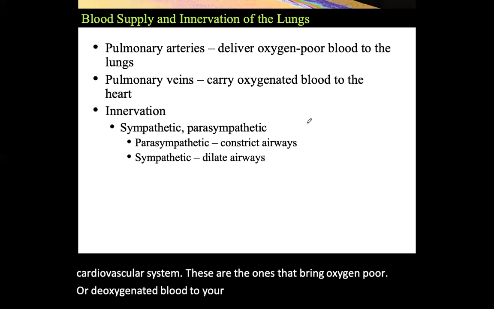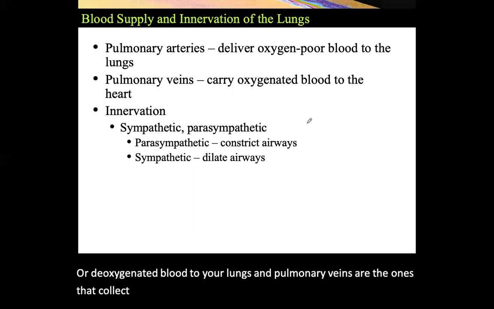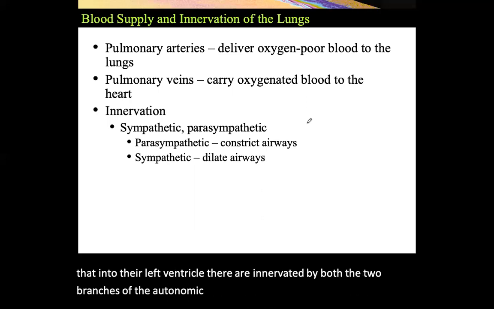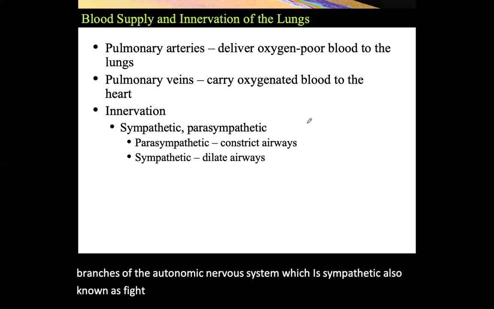Pulmonary veins collect the oxygenated blood after the gas exchange and transport it to the left side of the heart. They are innervated by both branches of the autonomic nervous system, the sympathetic, also known as fight or flight, as well as the parasympathetic, which is rest and digest, or your quote-unquote food coma.